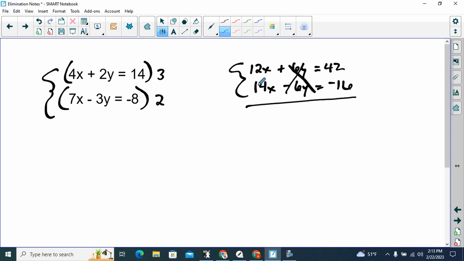We add these together, giving us 26x. 42 minus 16 is 26. Divide both sides by 26, and we get x equals 1.